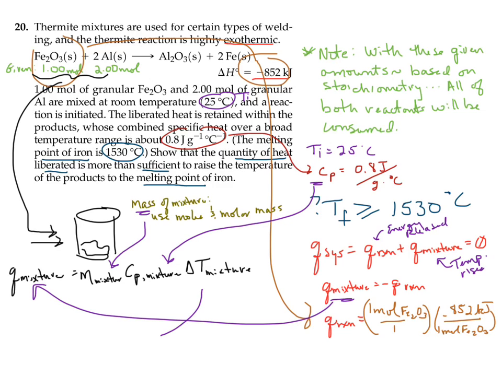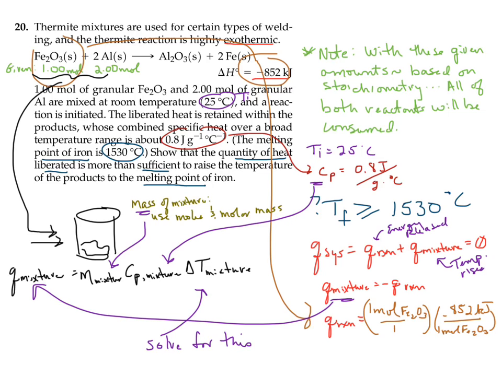Of course, the specific heat was given, 0.8 joules per gram degree Celsius. The delta T is what we're going to solve for, because notice we have the Q of the mixture. Why? Because we have the Q of the reaction, and they're related by equal in magnitude but opposite in sign. So in this relationship, the only variable we don't have is this.